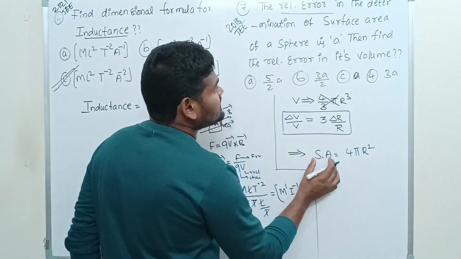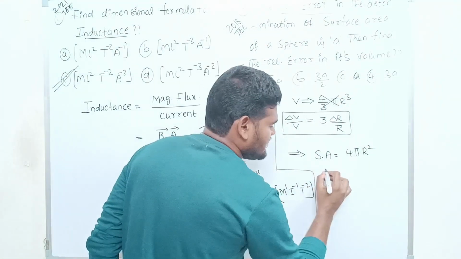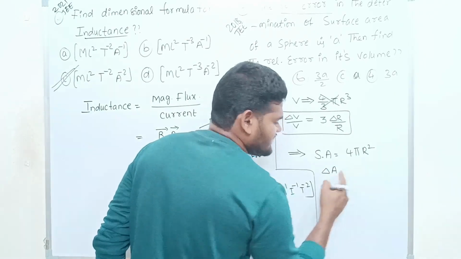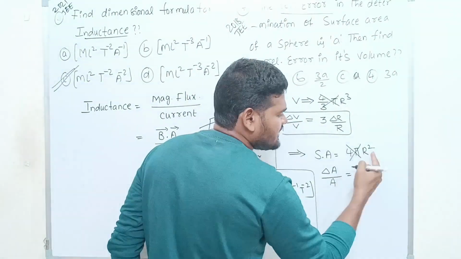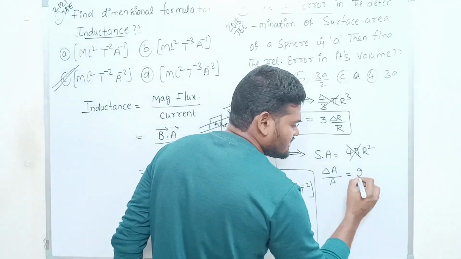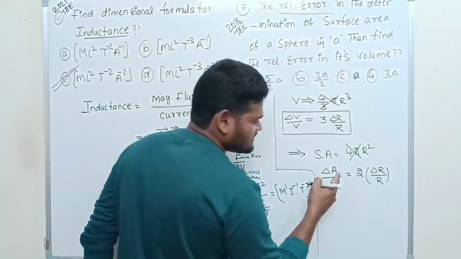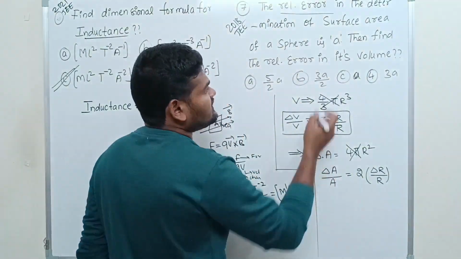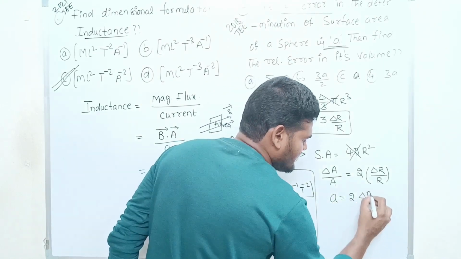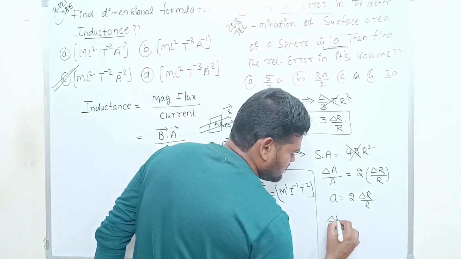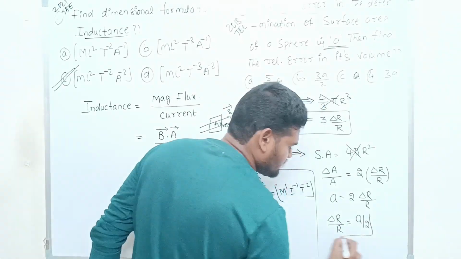The relative error in the surface area is given, so delta A by A, taking surface area as A, equals 4 pi, no relative error, and since r square is there, it comes as 2 into delta r by r. So the relative error in surface area A equals 2 into delta r by r. Therefore delta r by r is equal to A by 2.